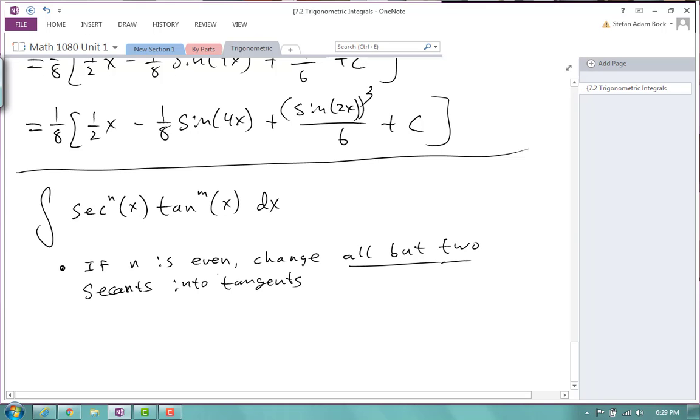And the reason for that is the derivative of tangent is secant squared. So the antiderivative of secant squared is going to be tangent. But since we're going to have both tangents and secants, I'm more interested in the u substitution, which causes tangent to have a derivative of secant. So that's going to be my du. So this is secant squared of x is equal to 1 plus tangent squared of x.